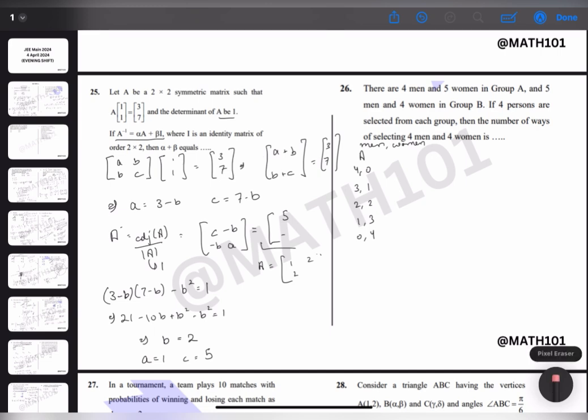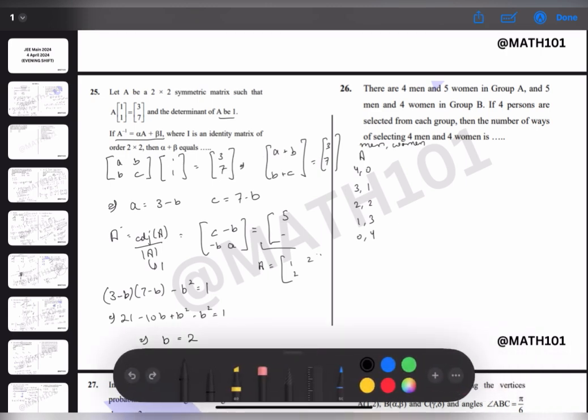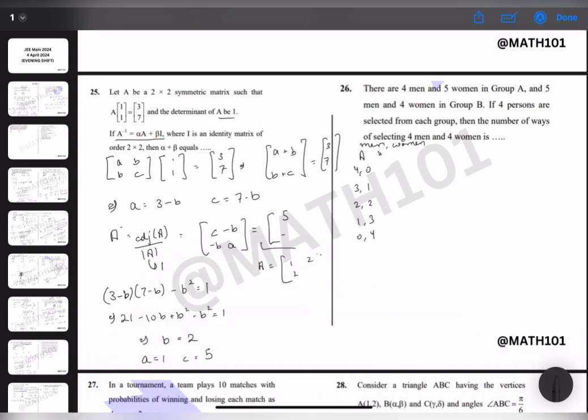In group A there are 4 men and 5 women. So let this be case 1. And in group B we have 5 men and 4 women. This is case 2, case 3, case 4 and case 5.